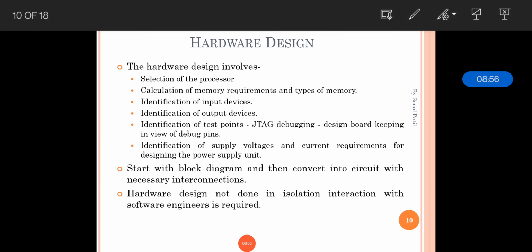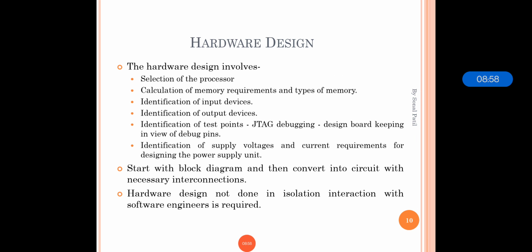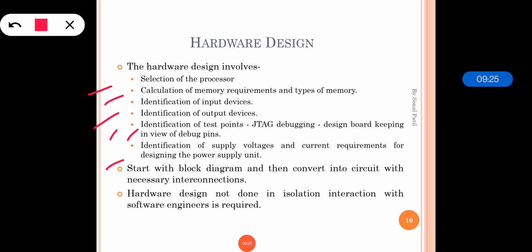In the hardware design, after the hardware software partitioning is done, the hardware design and software design need to be carried out. Now the hardware design involves the selection of processor, calculation of memory requirements, types of memory, that is RAM, EPROM, flash memory, identification of input devices, identification of output devices like LED or LCD, identification of test points for debugging the hardware, then identification of supply voltages.